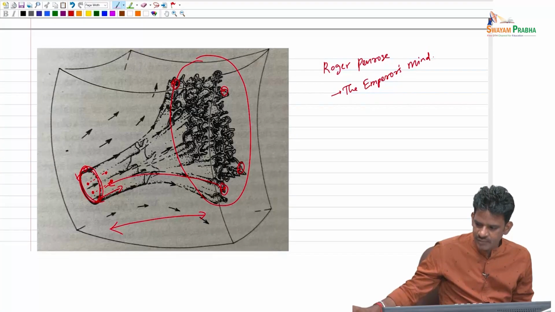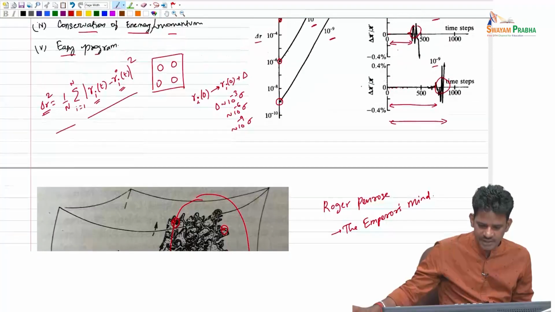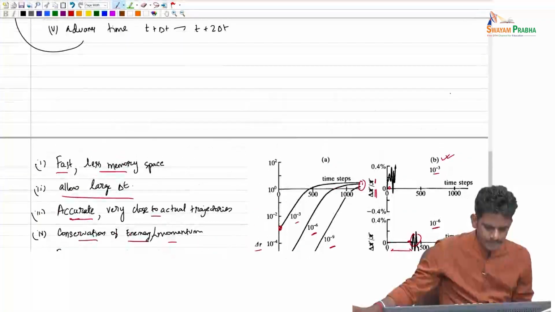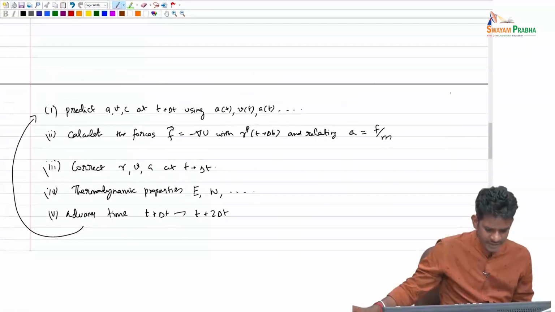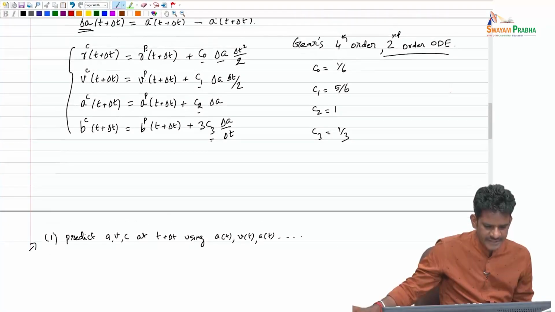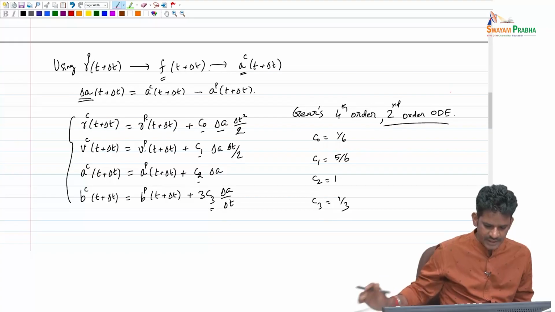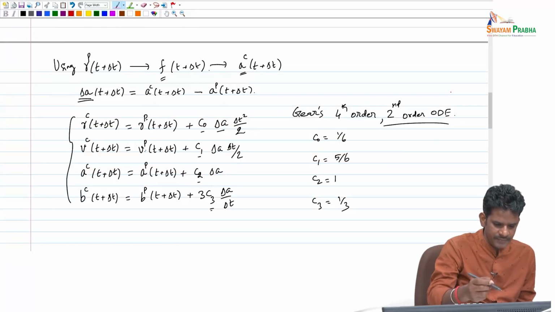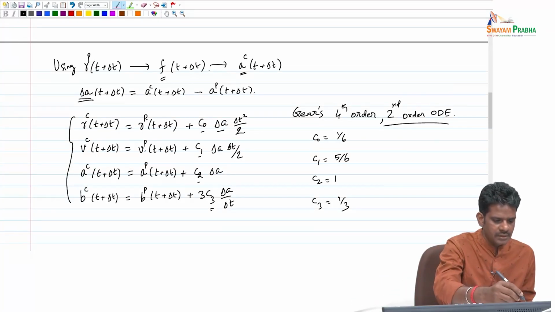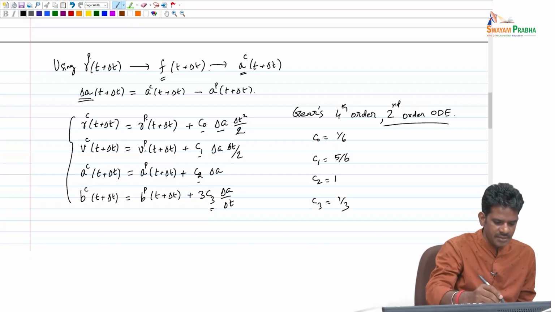So actually, what I did not mention in the MD context is that in the true predictor-corrector method, we actually do this iteration. I get this predicted value and then I get this corrected value, right?